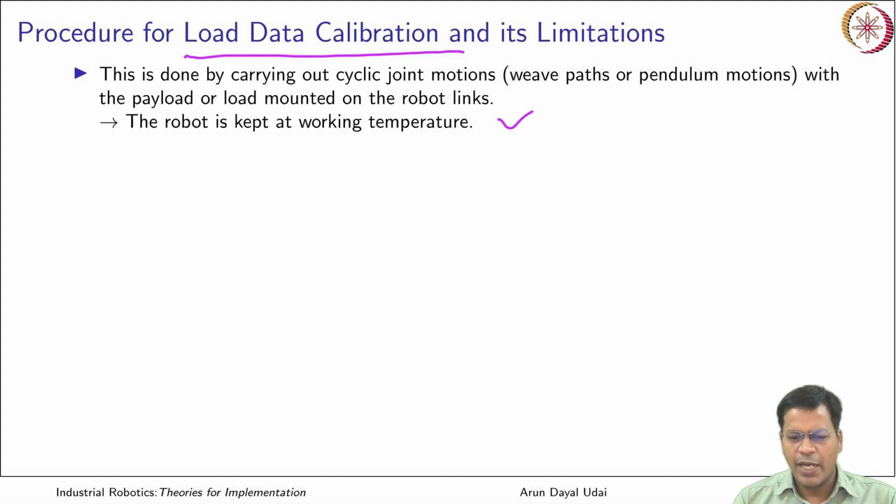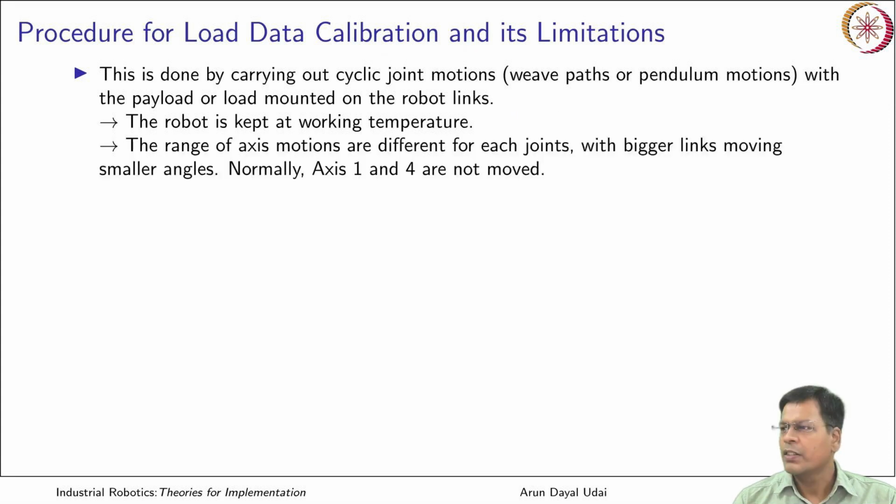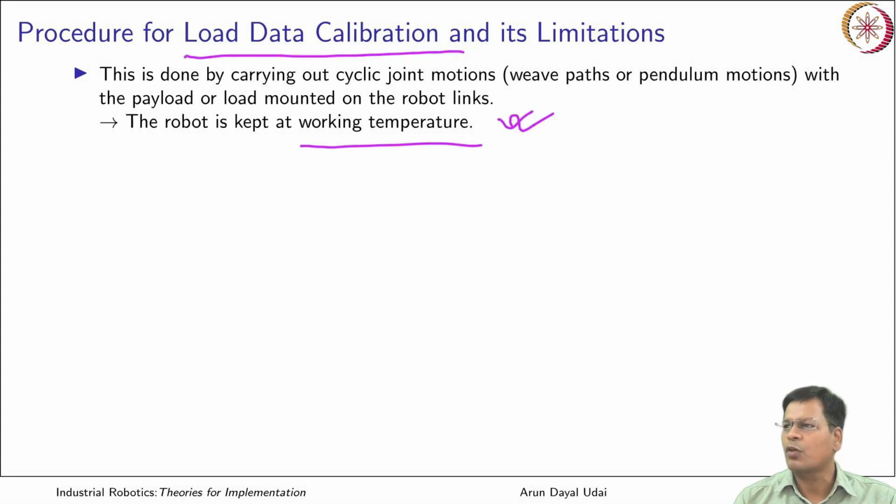So having it at the correct working temperature will let the robot know your dynamic model more precisely when it is actually working. There are procedures in the robot which are known as warming up procedures also. So before you perform this test, you have to do the warming up procedure.